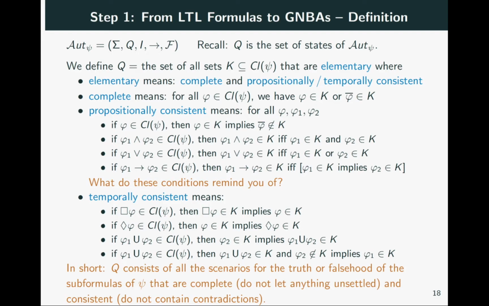Another thing to note is that these conditions so far do not refer to next. This is because, from the point of view of the current state, there's nothing to say about next. But we are going to have things to say when we move to define the transition relation.